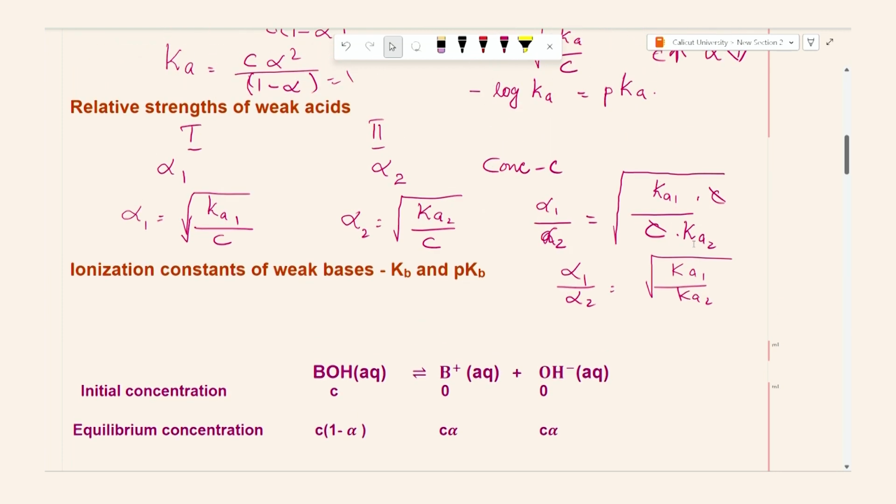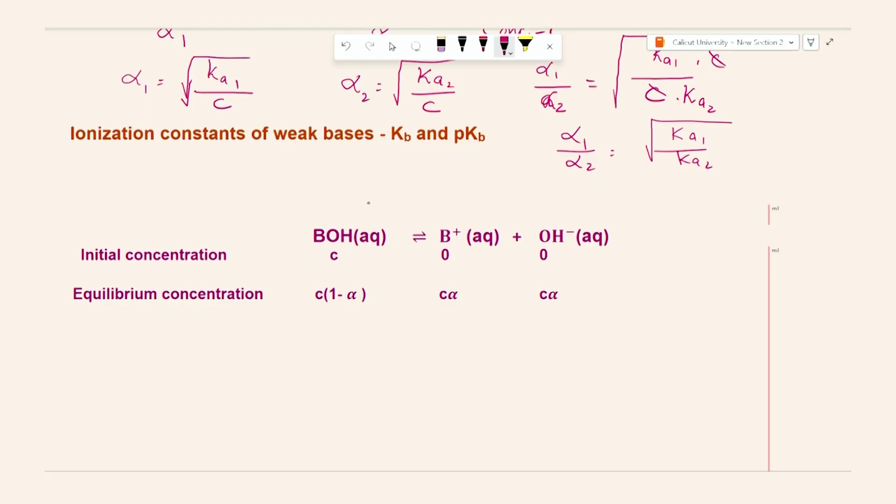Alpha was given as square root of Ka by C in the case of a weak acid. Now, let us see what will be the value of alpha in terms of a base. Again, I am taking a weak base, represented as BOH, which ionizes to give B plus and OH minus ions.